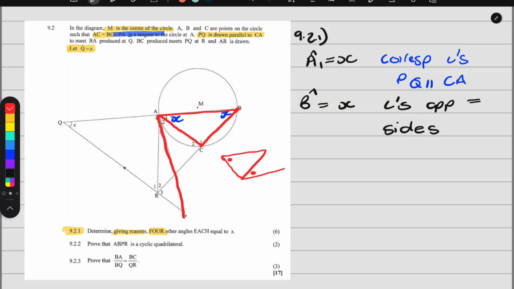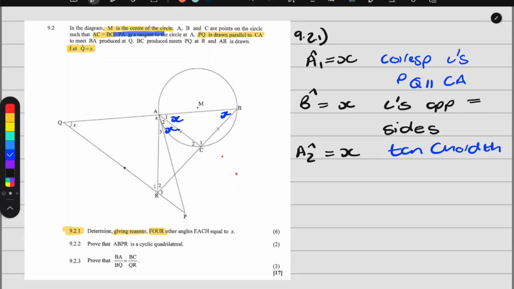Tan chord theorem. So that means this whole angle is equal to that angle. Tan chord theorem. So let's write that in. That means angle A2 is also x. That is tan chord theorem.